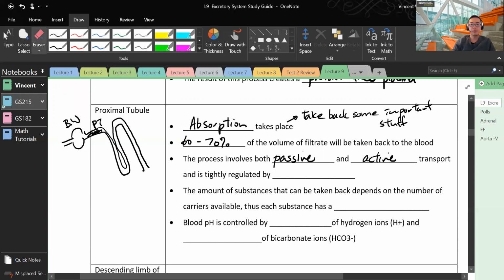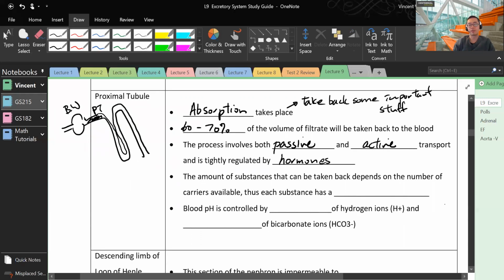And it is tightly regulated by hormones. Okay. So under the effects of hormones, you might take back more or less of certain stuff. The amount of substances that can be taken back depends on the number of carriers available. So each substance has what we call a threshold level.